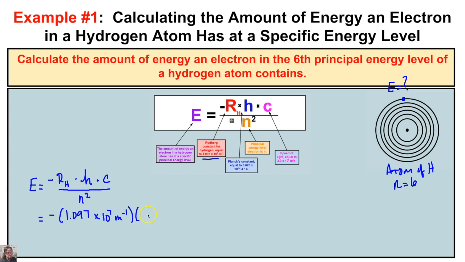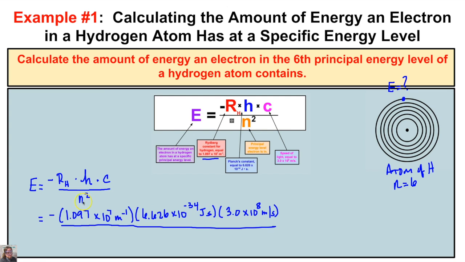We're going to multiply this by Planck's constant, which is 6.626 times 10 to the negative 34th joule seconds. We're going to multiply this by the speed of light, 3.0 times 10 to the 8th meters per second. And then we're going to divide this all by the principal energy level that this electron is in.